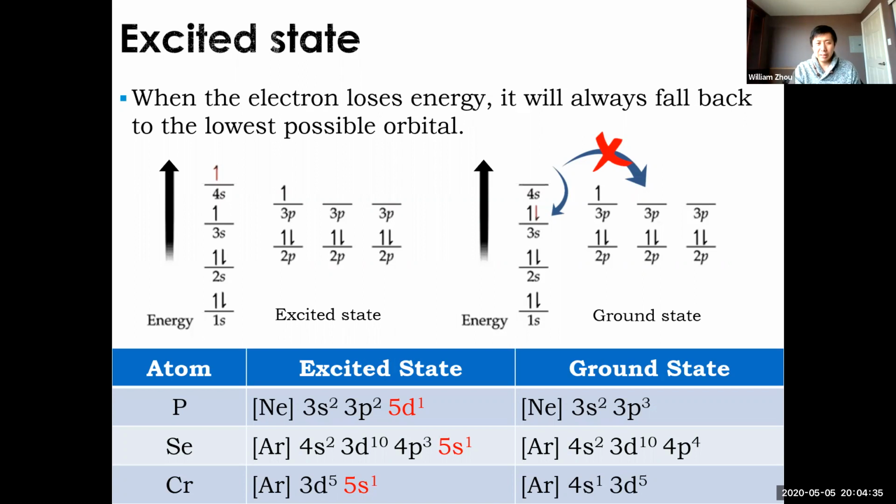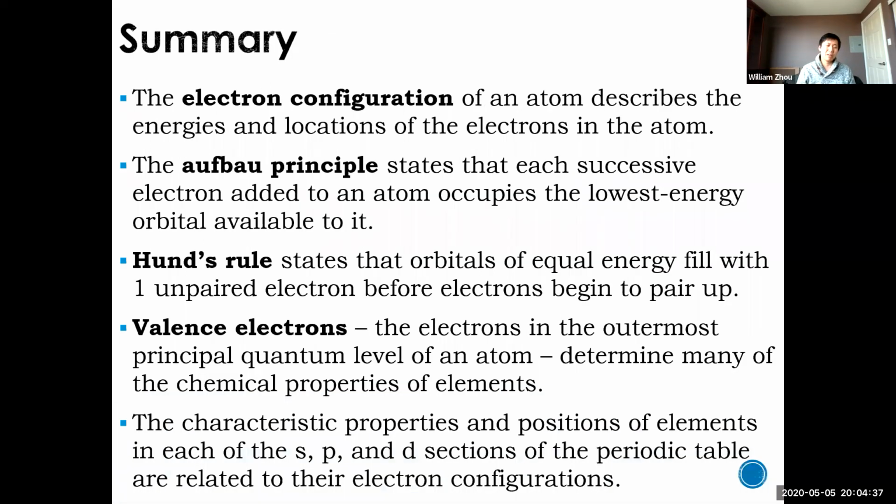All right, so this is the last little bit about electron configuration. This was a really long class. I hope you guys understood the majority, if not all, of the lessons. So just to recap, for electron configuration, you use the Aufbau principle and Hund's rule. You start from the bottom, the lowest energy level, and fill that up before you go to the next one.